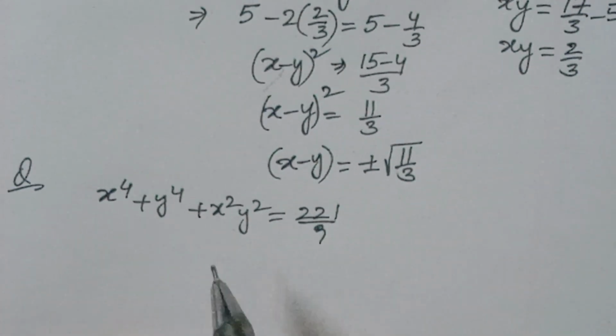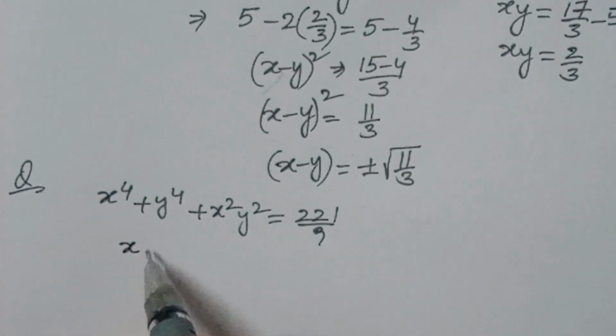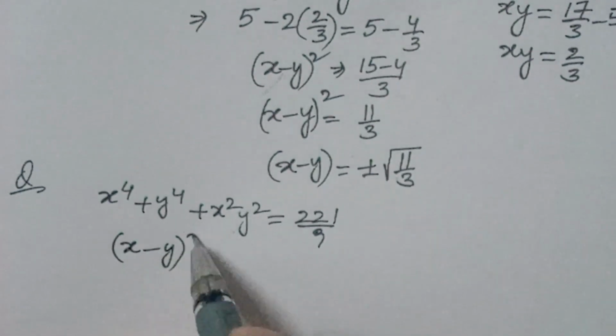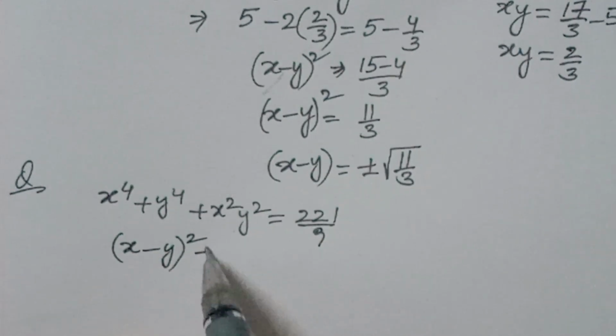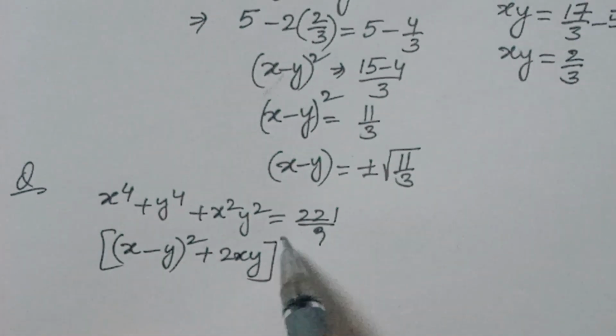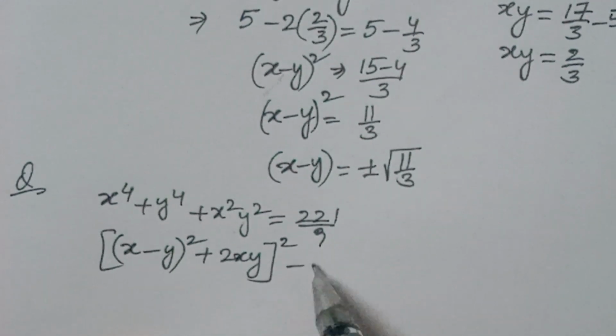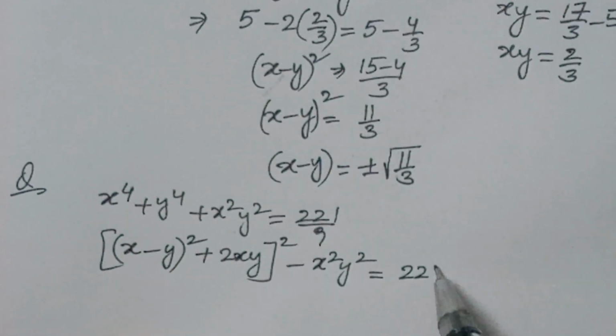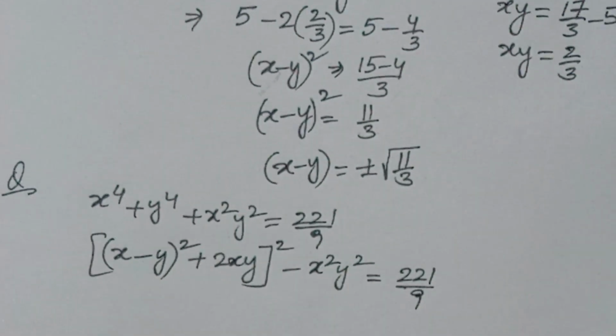This one we are writing as ((x minus y) whole square plus 2xy) whole square minus x square y square is equal to 221 by 9.